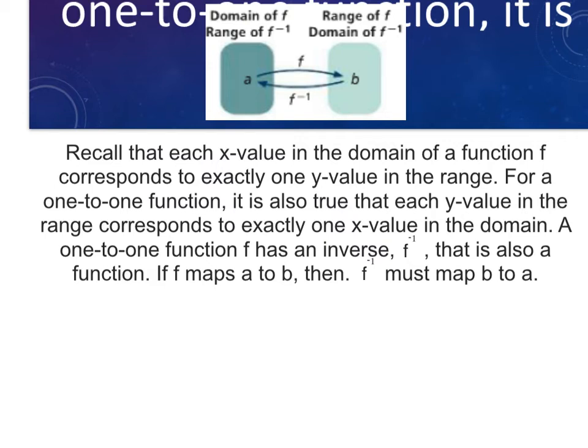For a one-to-one function, it is also true that each y value in the range corresponds to exactly one x value in the domain. So a one-to-one function f has an inverse that is also a function, and if f maps a to b, then the inverse must map b to a. That's just basically talking about a one-to-one function.